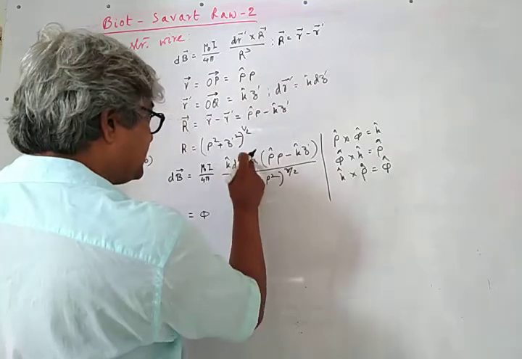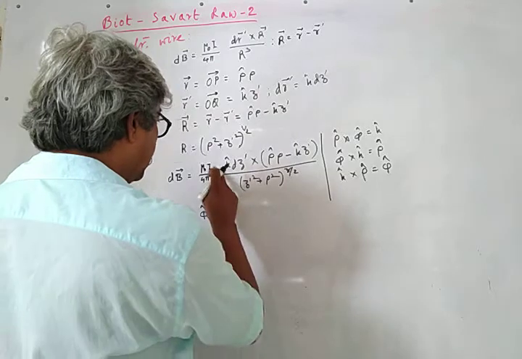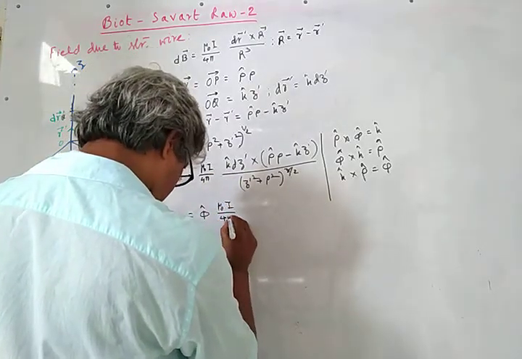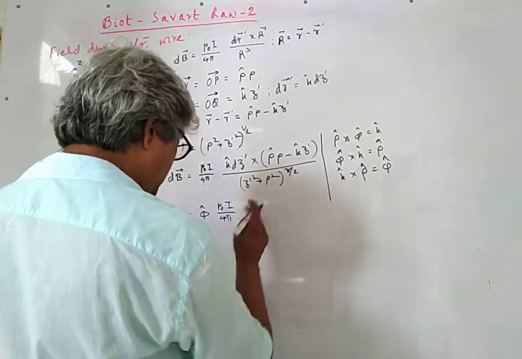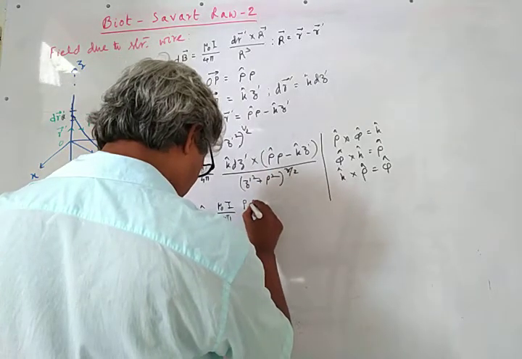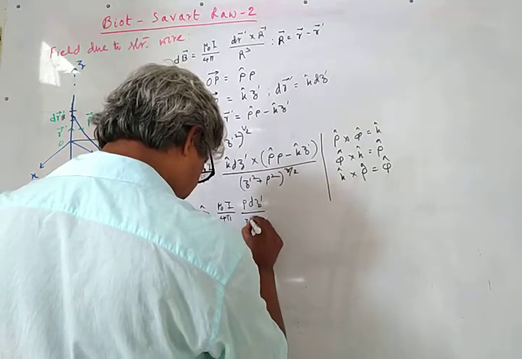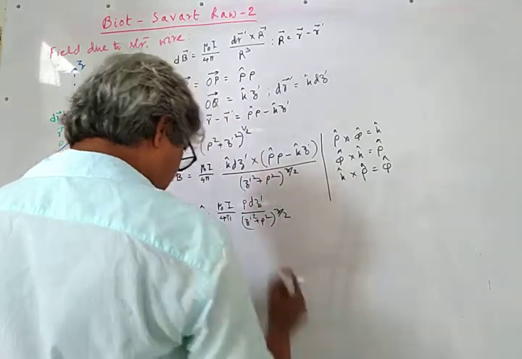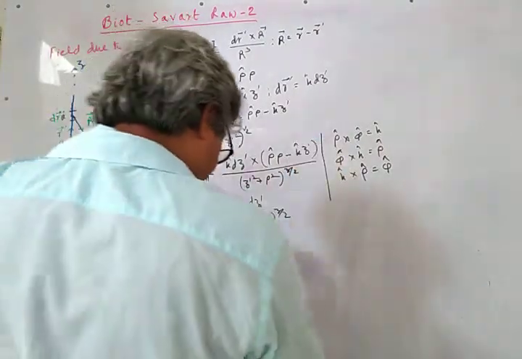Since this is phi cap, and this is mu 0 I upon 4 pi, and this part is as shown, the second term does not contribute because it involves k cap cross k cap.